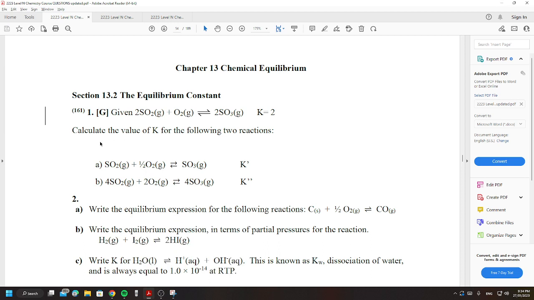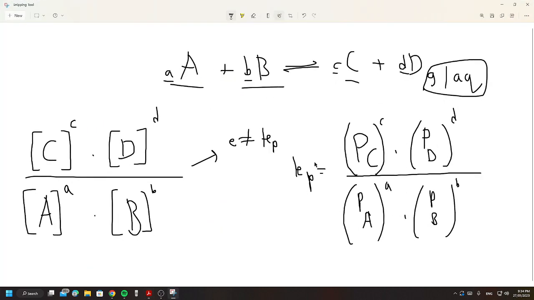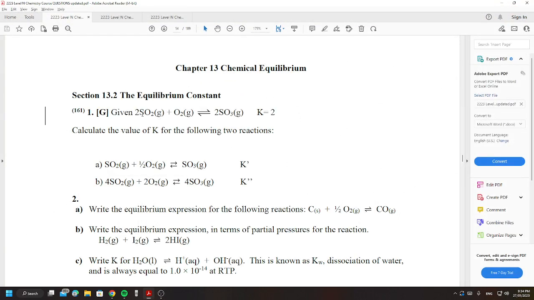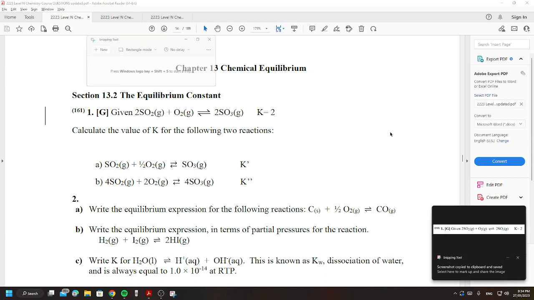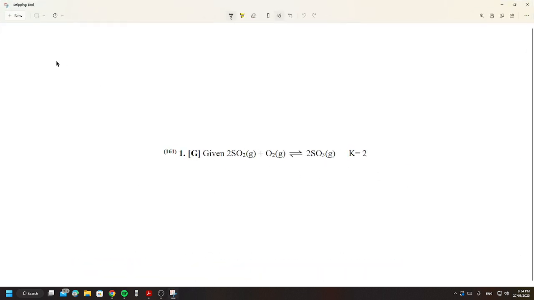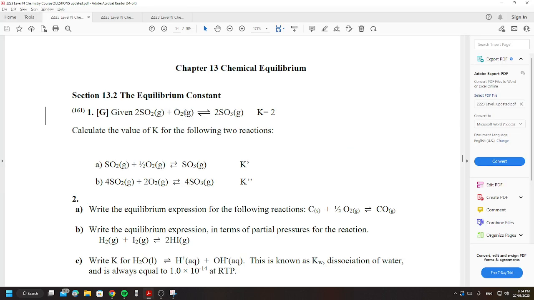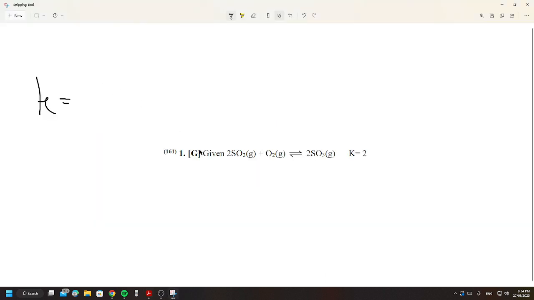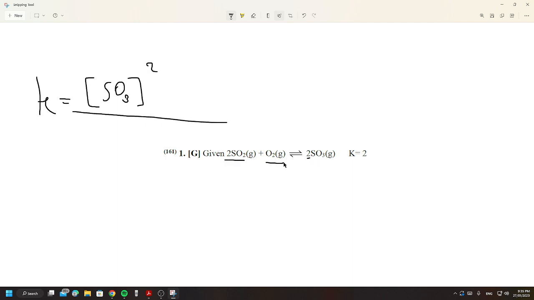Now, let's look at the first question. They gave us that K for this reaction is 2. So let's write this reaction in the form of the formula I just showed you. This is just K, so I'm just gonna write down K equals SO3 to the power of the coefficient over 2SO2 and O2.